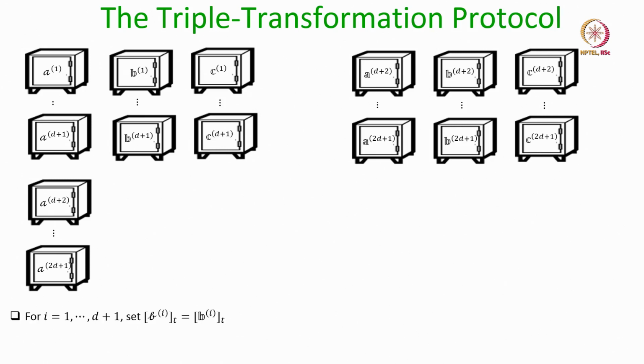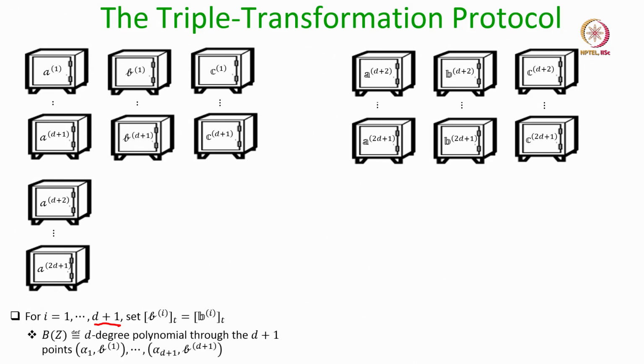The same process we do even for the B components of the triplet, namely we take the B component of the first d plus 1 triplets, each of which is secret shared, and we consider them to be the B component of the first d plus 1 output triplets. Then we define the unique d degree B polynomial passing through the B component of the first d plus 1 output triplets.